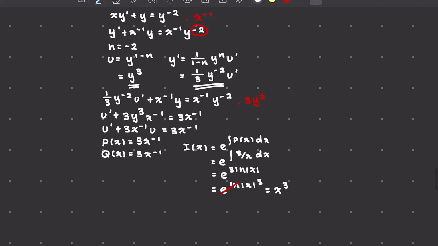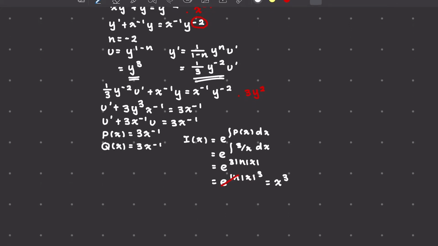Remember, for our first order linear differential equation, we will multiply our integrating factor with the new linear differential equation that we've gotten here. So let's multiply everything with our integrating factor, which is x to the third power. After multiplying everything, we will get x to the third u prime plus 3x squared u equals 3x squared.